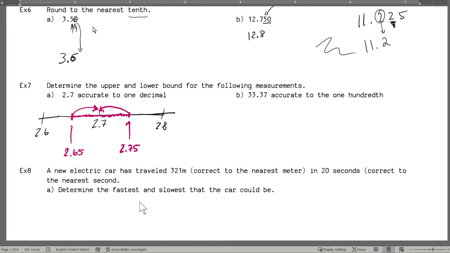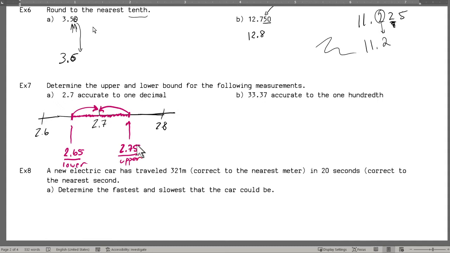So basically the range of values that would round to 2.7 are anywhere between 2.65, this is known as the lower bound, and this is known as the upper bound, okay? And that's kind of the idea.